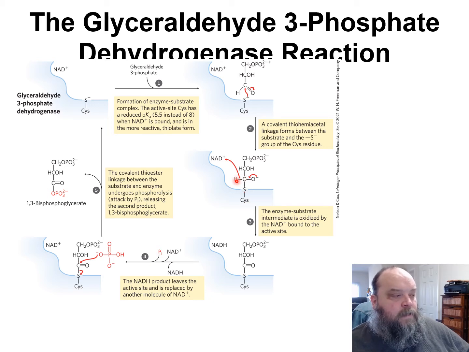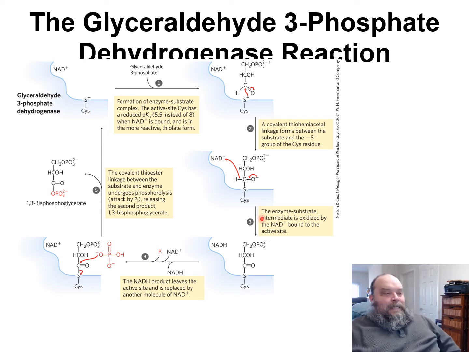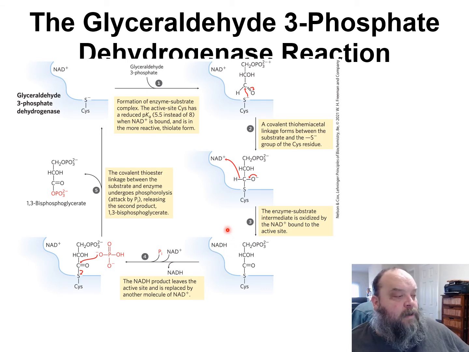The electron pair between carbon 1 and hydrogen is shifted to a neighboring, held-in-place NAD+. So we now have reduced NAD+ to NADH, and we have a 3-carbon glyceraldehyde G3P intermediate that is bound via a sulfur bond to the cysteine in the active site.